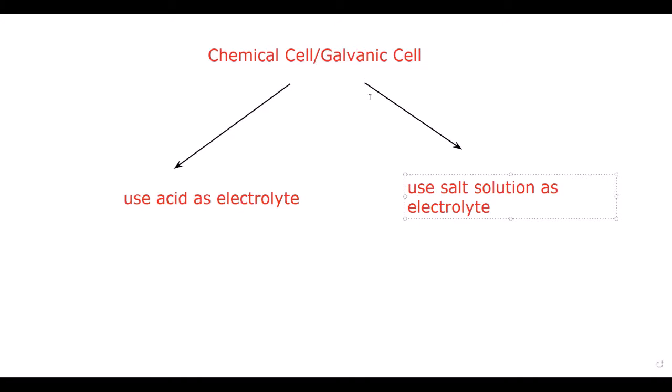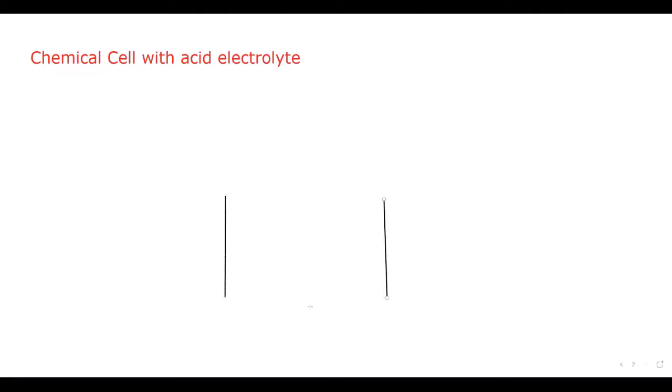So example, a chemical cell with acid electrolyte. So if you are using acid as an electrolyte in a chemical cell, the cell will only work if you use two metals which have a difference in reactivity.